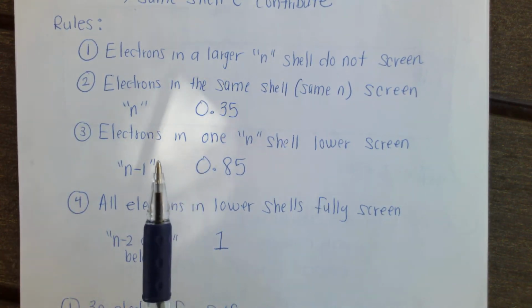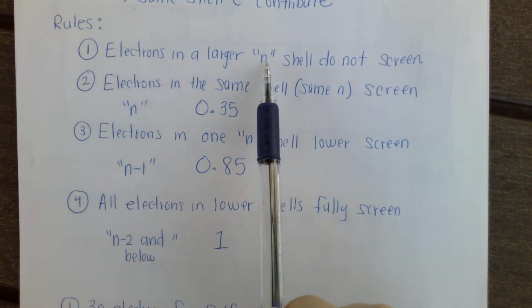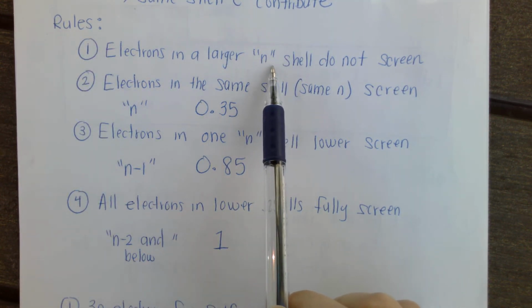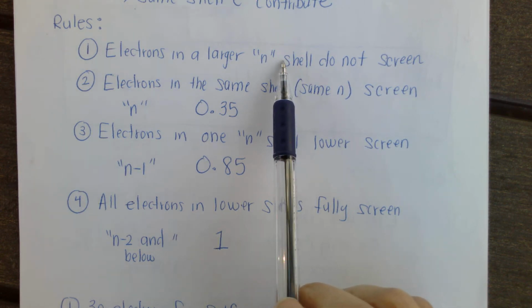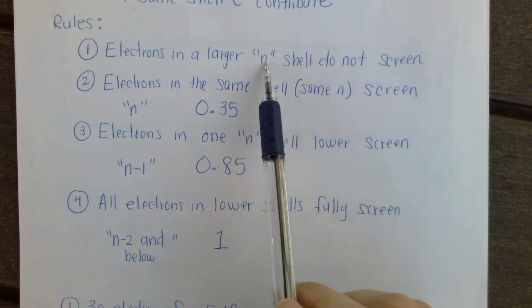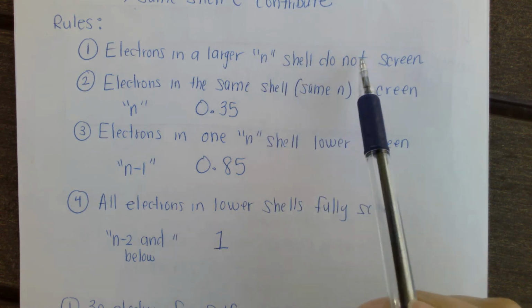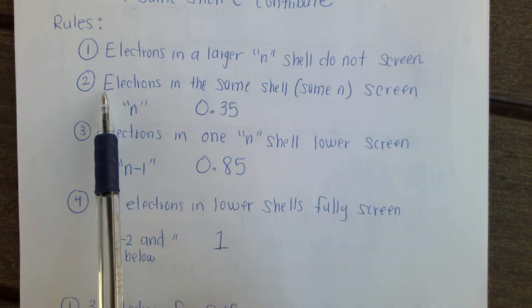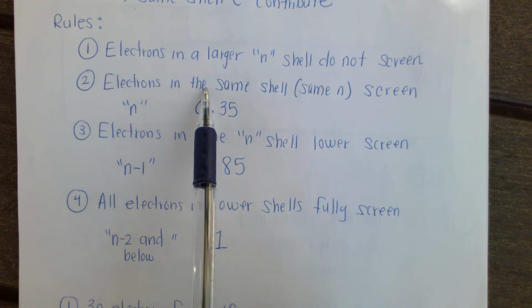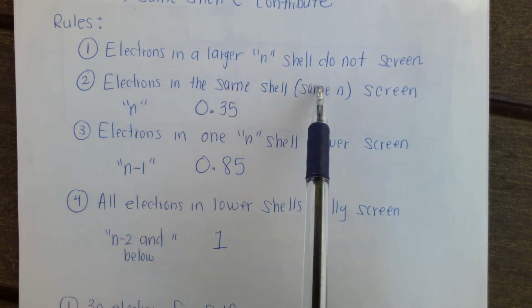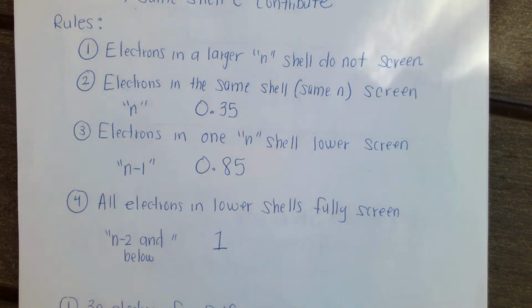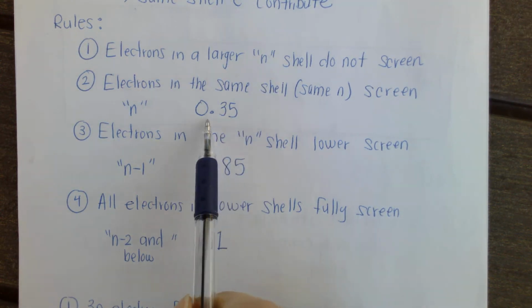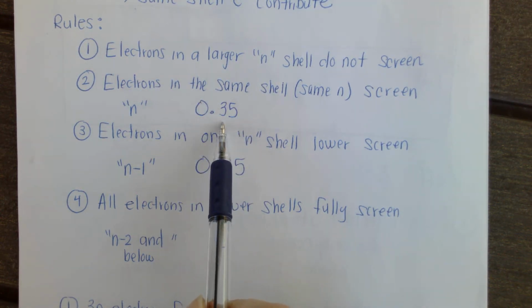So number 1, if you have electrons in a higher n shell, we don't include that in the screening. There is a chance they can screen, but it's almost essentially non-existent. Number 2, if you're an electron in the same shell, so the same n, you would contribute a factor of 0.35. So this is almost like a 35% screening.